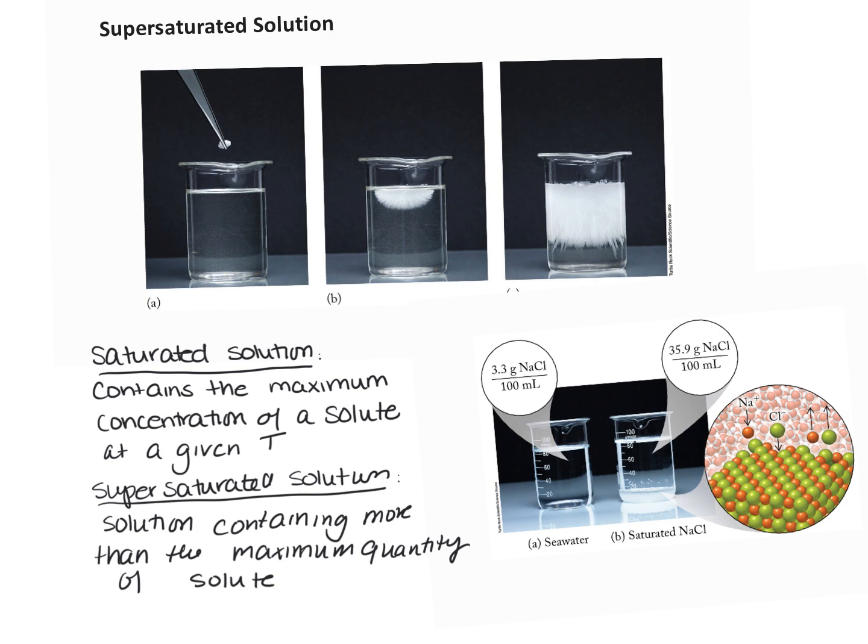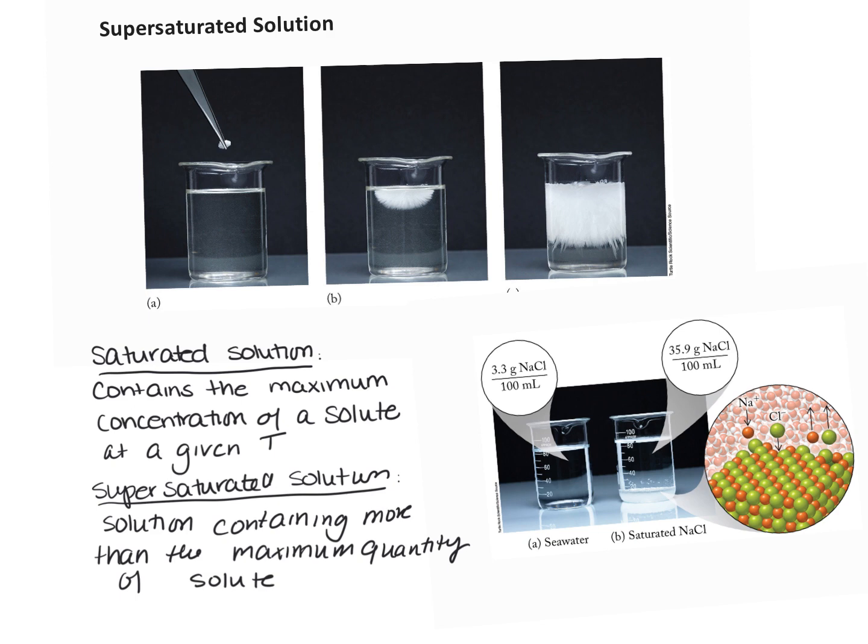Now, this is an unusual and unstable situation, that supersaturated solution, and it can occur if the temperature of the solution is raised, allowing excess solute to dissolve, and then as the solution cools down to the original temperature, the excess solute does not precipitate but stays dissolved until you either scratch the side of the flask, or it gets disturbed in some way, or you add a crystal to it.